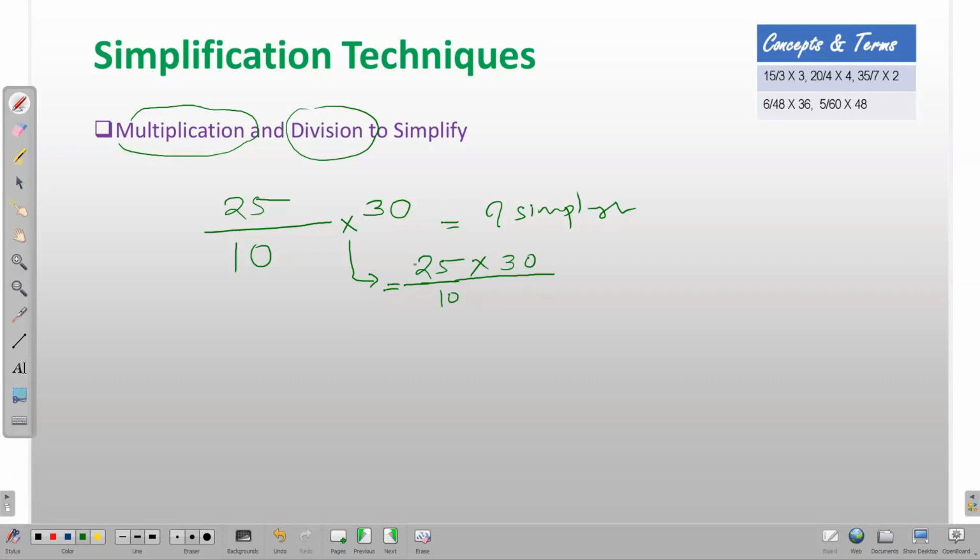Because this 25 divided by 10 into 30, you should see it as 25 by 10 into 30 by 1. I am extending the line. Whatever it is, you can extend the line first. So the first step you'll have to do is extend it.